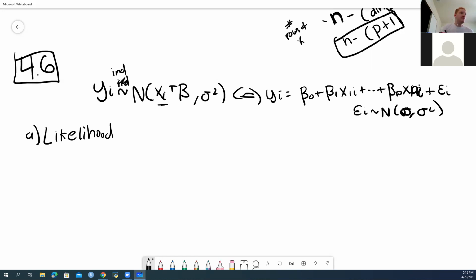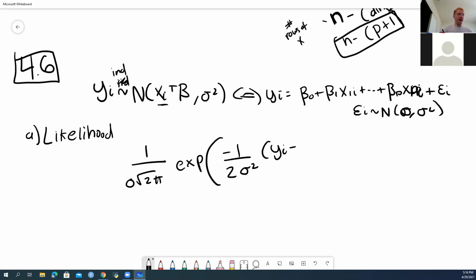But if we remember what the normal distribution is, then for yi you can just write it as 1 over sigma root 2 pi, times exp of negative 1 over 2 sigma squared, times yi minus the mean, which is xi transpose beta, squared.